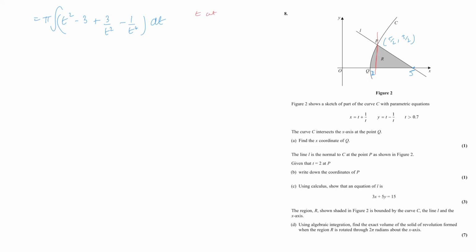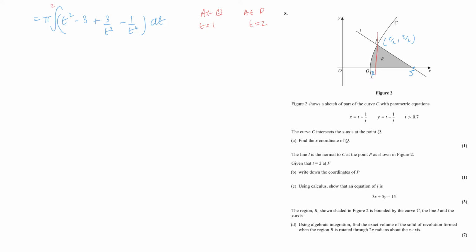Now, t at P is 1. So I should have written at P t equals 1 and at Q t equals 2.